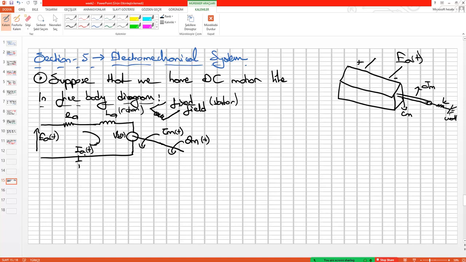And then we can derive the whole equation in here, and the first part represents the electrical current or the electrical part, but the second part is the mechanical one.